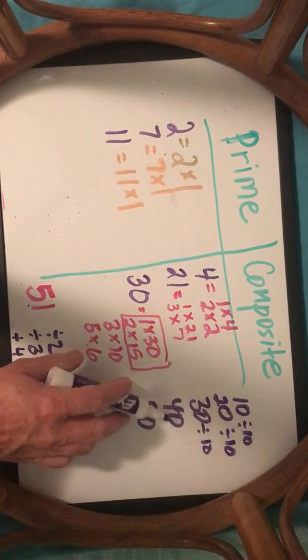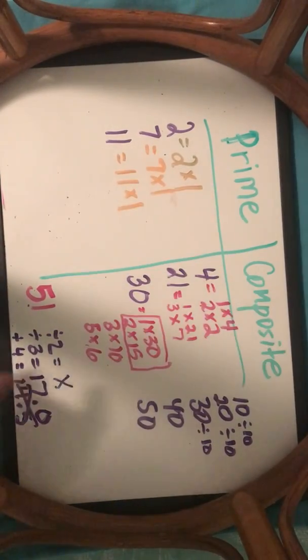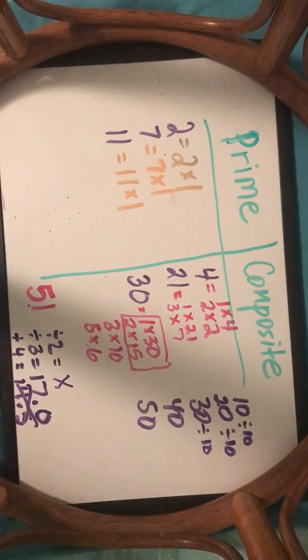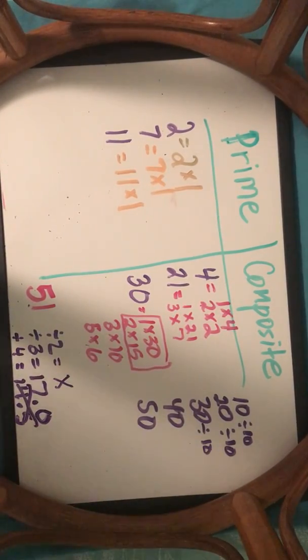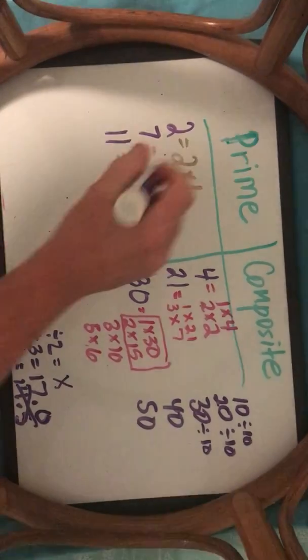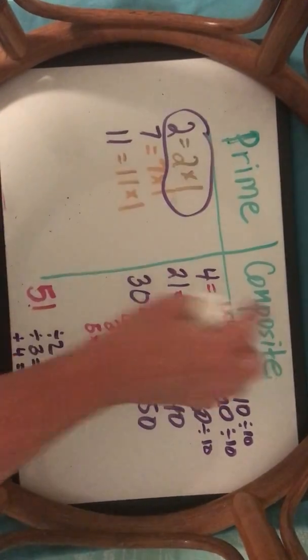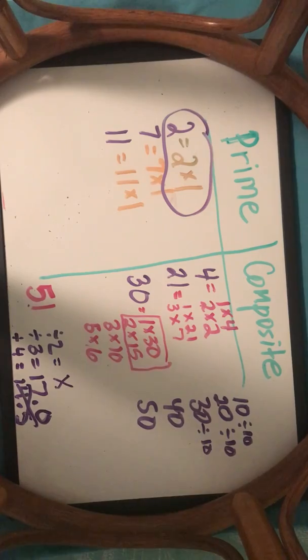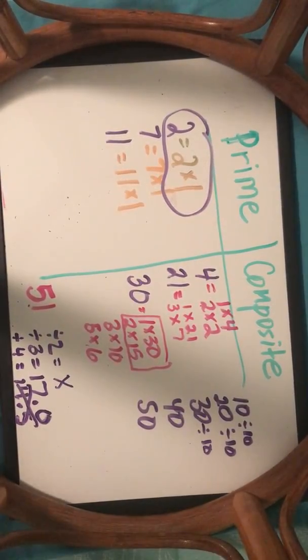Every even number, we talked about this in class, every even number can always be divided by 2. So every even number except for 2 is going to be composite. Okay, these even numbers, 10, 20, 30, 40, 50, yeah, they can be divided by 10, but they can also be divided by 2, and they all can be divided by 5 also.